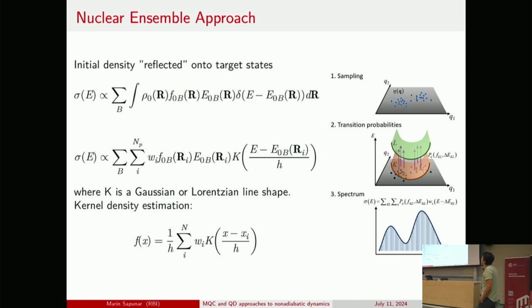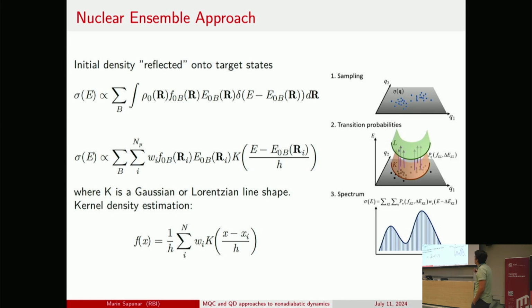Okay, so just for methodology, the last slide. Once we have our results, our bunch of geometries, if we want to simulate some observable, we use the nuclear ensemble approach, which is basically equivalent to integrating over the nuclear coordinates. We need some broadening factor.